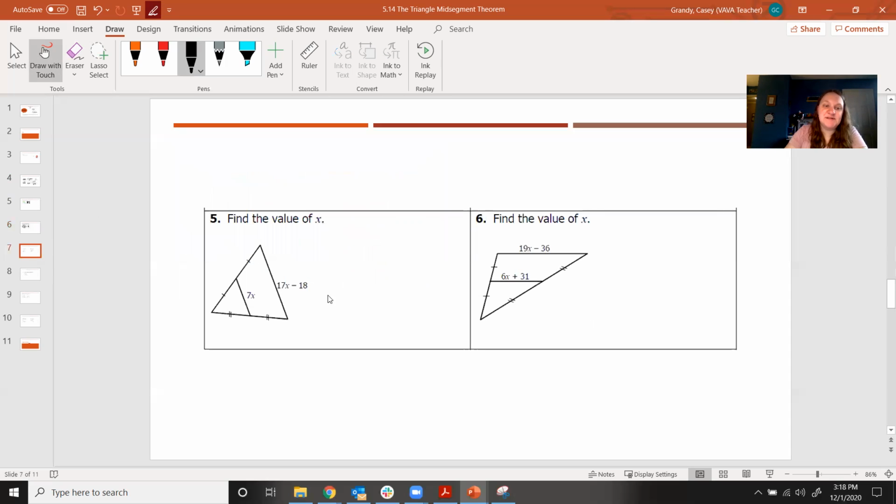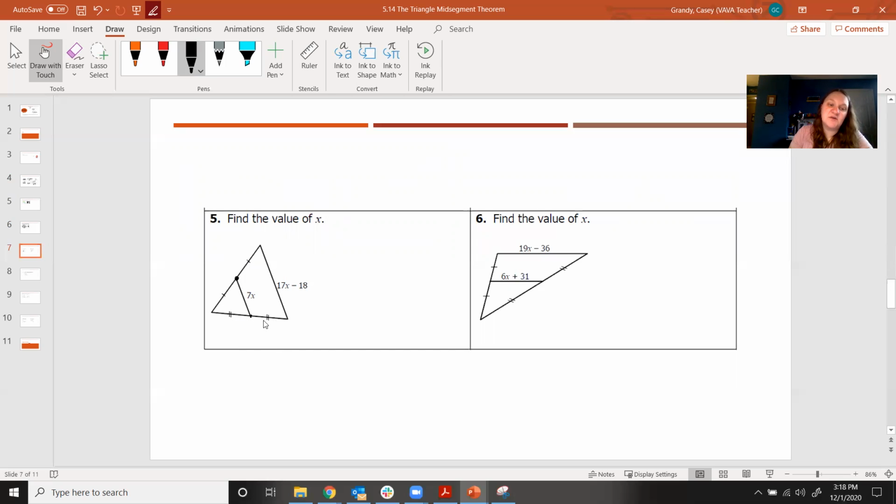Sometimes we'll see examples where we can't just divide by 2 or multiply by 2, but we'll have to use some algebra to solve. Looking at this picture, I know that this segment here marked 7x is a midsegment. And I know that because the two pieces here are congruent, which means this point has to be in the middle.